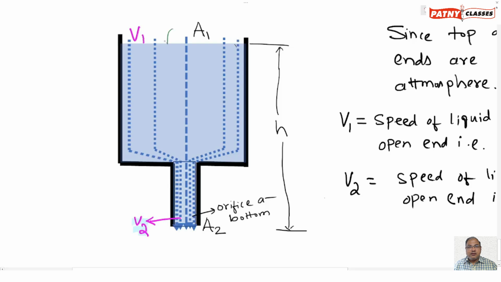Since the top surface is exposed to open atmosphere, the pressure at the top surface is equal to atmospheric pressure, call it P naught. Similarly, even the bottom of the container, that is the orifice, is exposed to atmospheric pressure, therefore the pressure at A2 is also P naught.